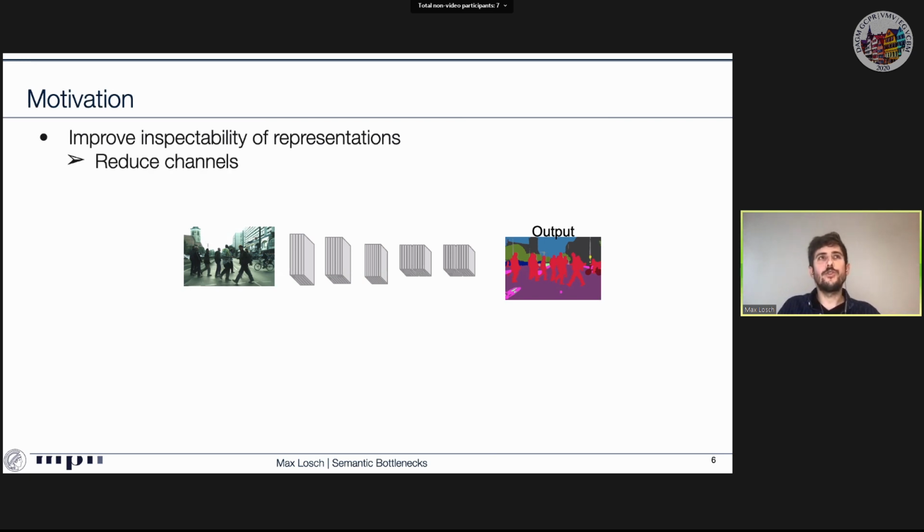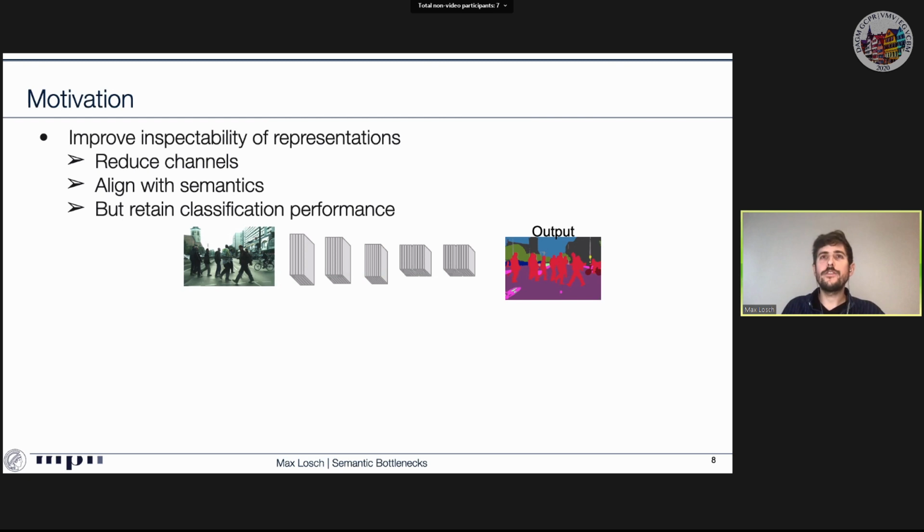First, we want to reduce the number of channels to a minimum, from thousands to just a couple of tens. Secondly, we want to align each of these channels to a particular semantic that is more meaningful to humans. And both of the former goals should not impair the classification performance.